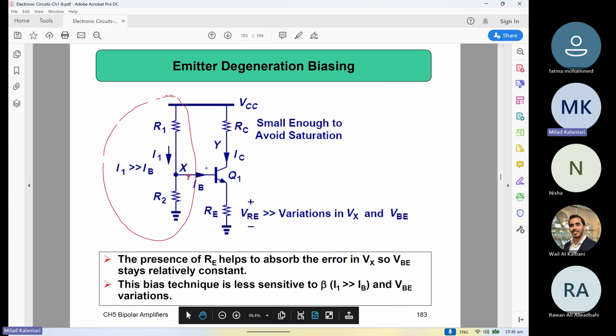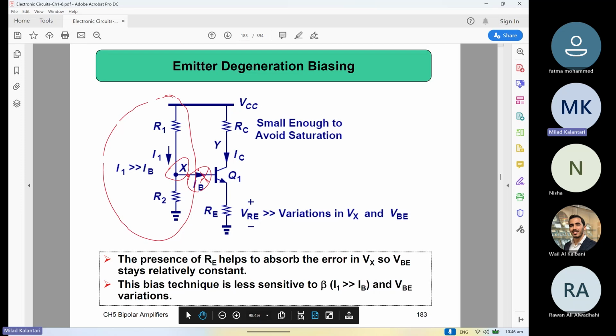You can assume that the base current is not too large, so basically this Vx is what? So if we assume that the base current is not too large, you can assume it is kind of open at the moment. And then the Vx is what?